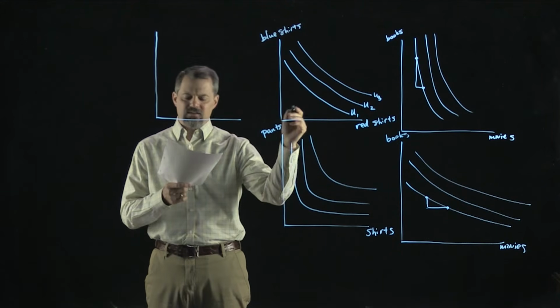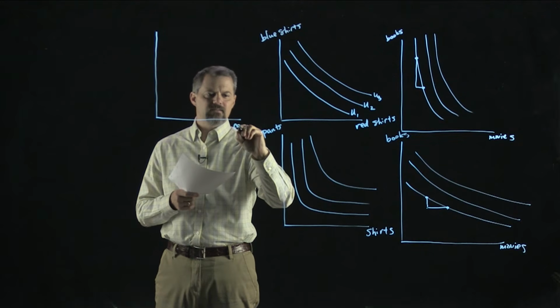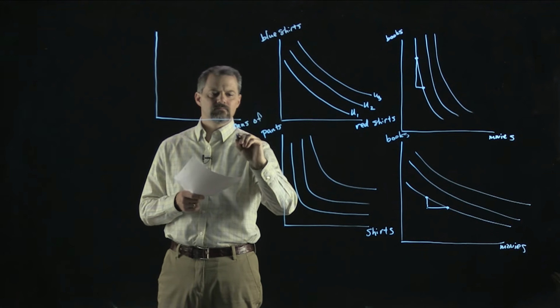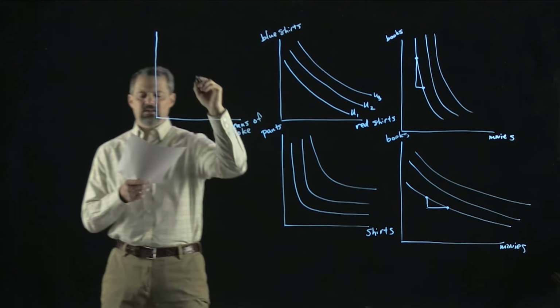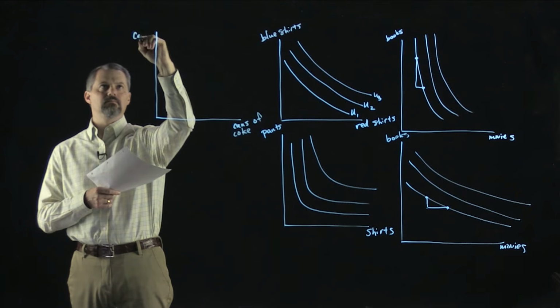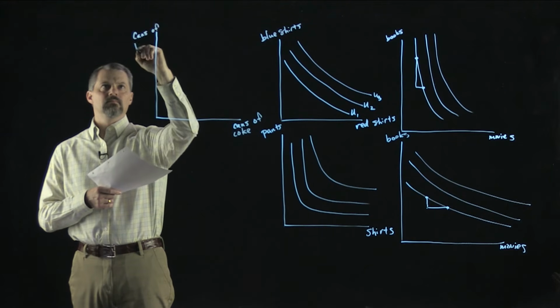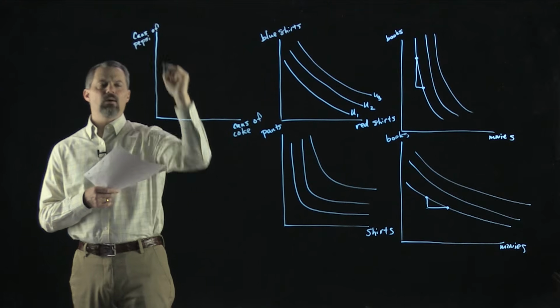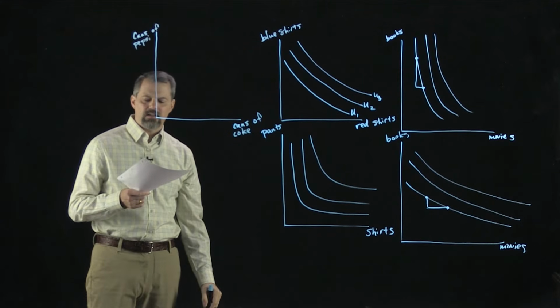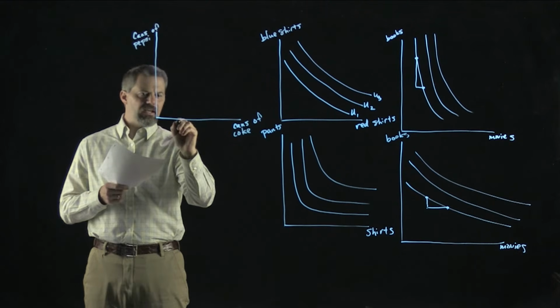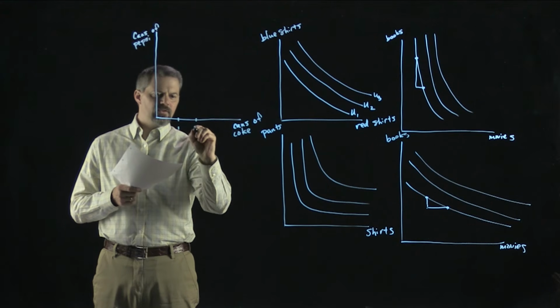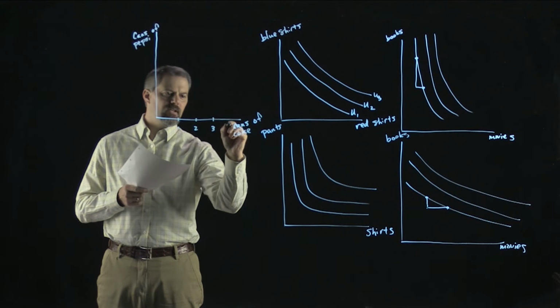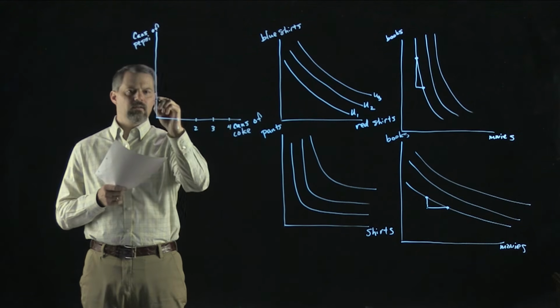Then let's put cans of Coke down here, and cans of Pepsi up here, and let's think about what the indifference curves would look like. Let's put 1 can, 2, 3, 4.